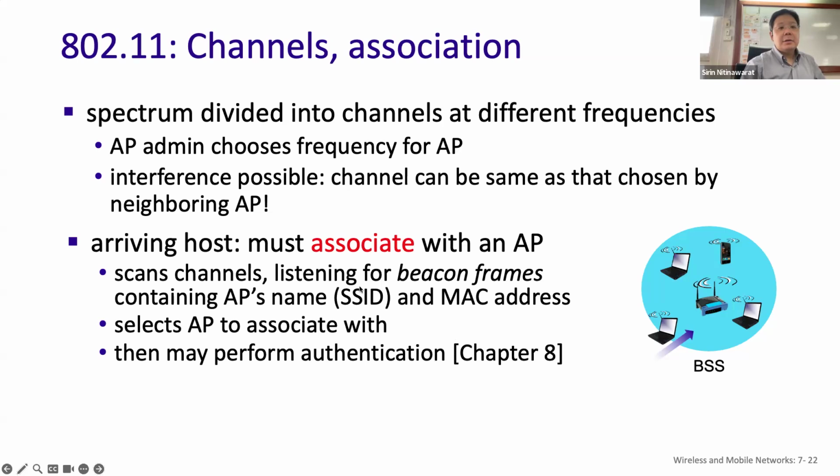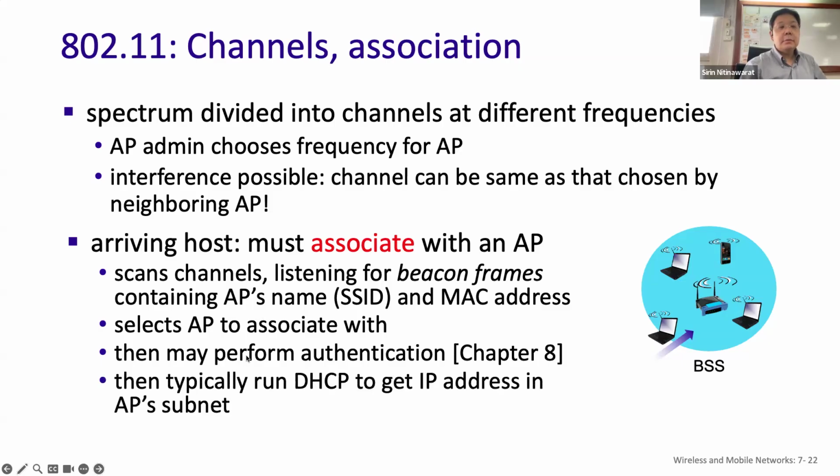Then after that, the device can pick an appropriate AP to associate with, followed by authentication, as I already mentioned, before the protocol called DHCP is run to get the IP address in the AP subnet.